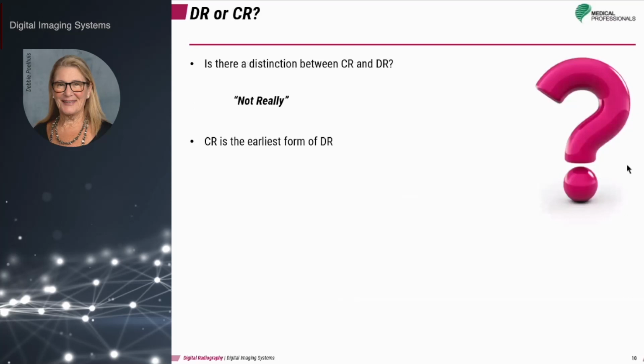So DR or CR, is there really a distinction? Well, not really. CR is digital imaging, but it's the earliest form of digital radiography. So in this particular series, we will refer to both computed radiography and digital radiography, CR and DR, as digital imaging.